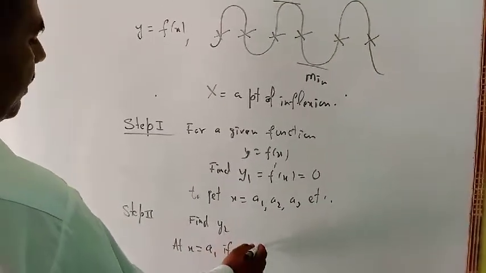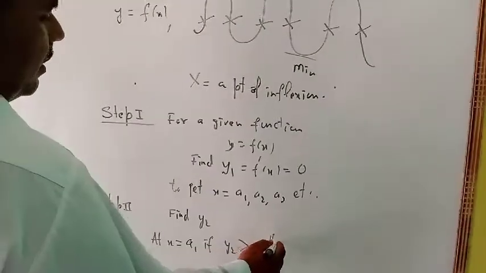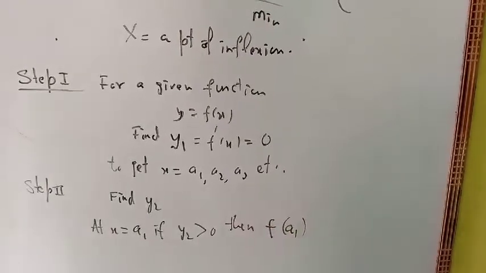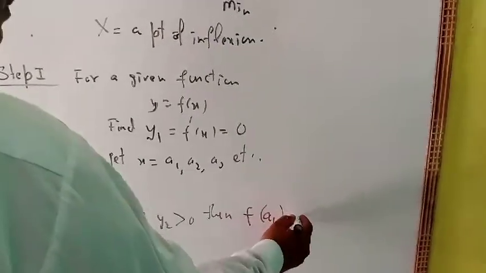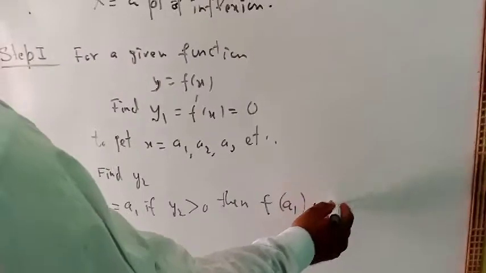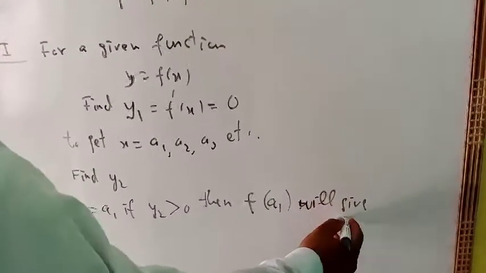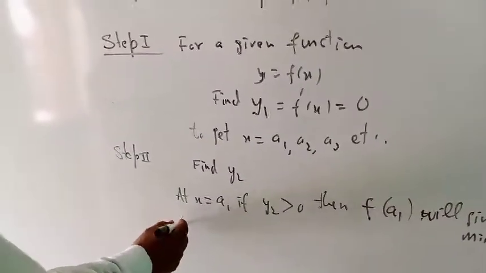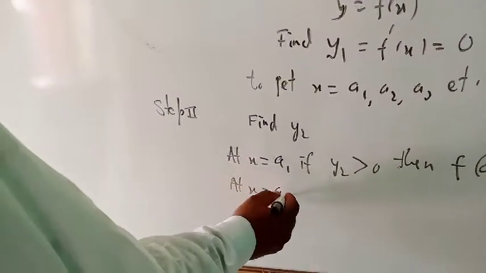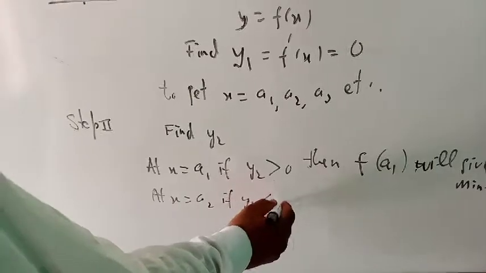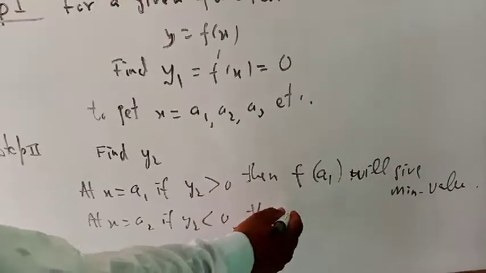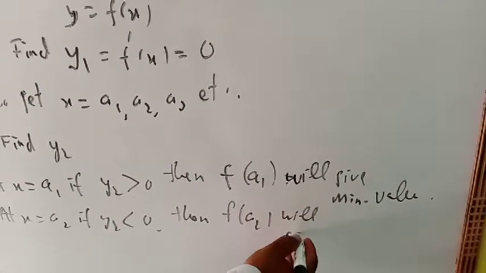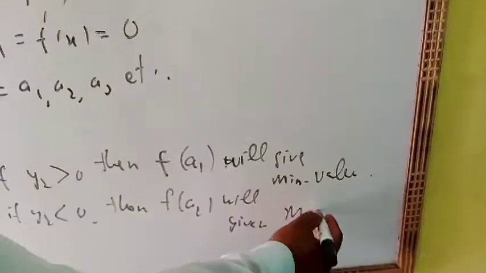For x is equal to a1, if the second derivative is greater than 0, then f of a1 will give a minimum value. For x is equal to a2, if y2 is less than 0, then f of a2 will give a maximum value.